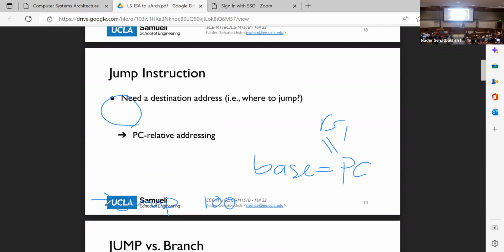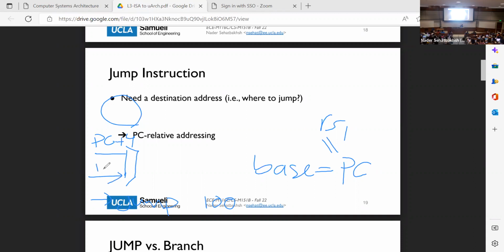So the question is that if we are adding PC plus 4 after every single instruction, should we do that for the jump instruction or not? We're going to show how it's actually implemented in hardware. But think about it as some sort of multiplexer, a decision that says either go to PC plus 4 or go to this destination I'm telling you.